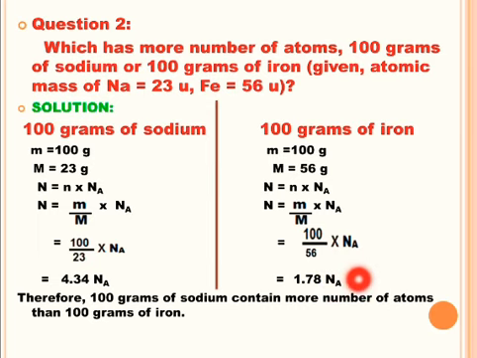Now students, you can compare which has more number of atoms, 100 grams of sodium or 100 grams of iron. Yes, it is clear from these values that 100 grams of sodium has more number of atoms, that is 4.34 Avogadro number, than 100 grams of iron.